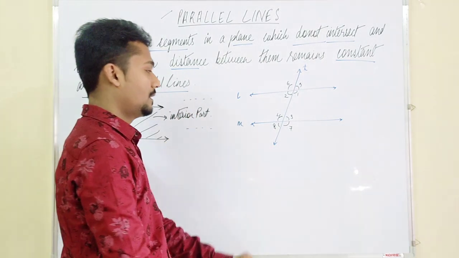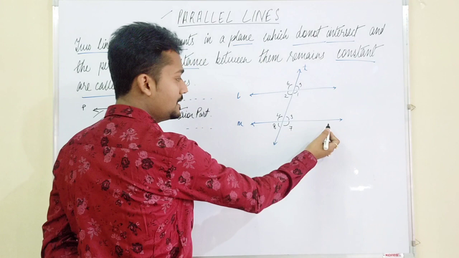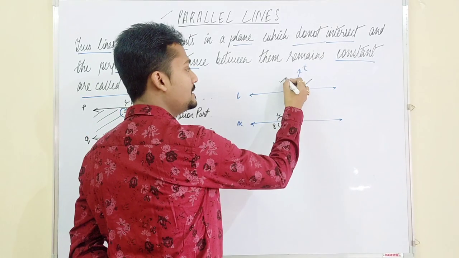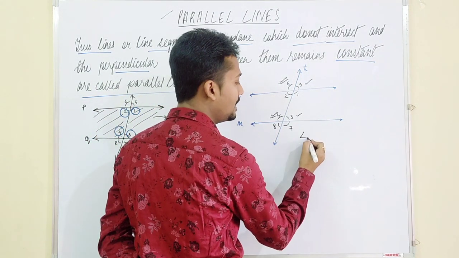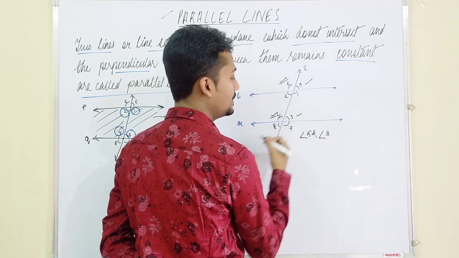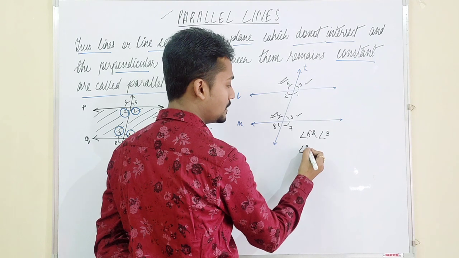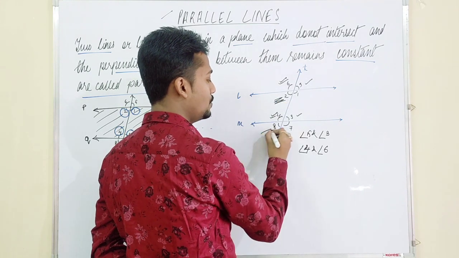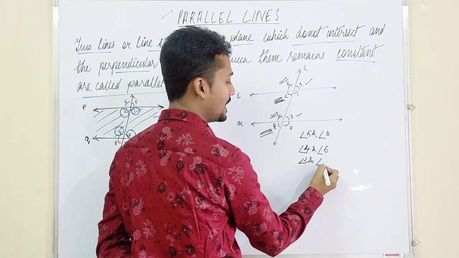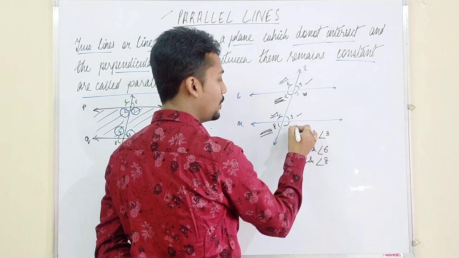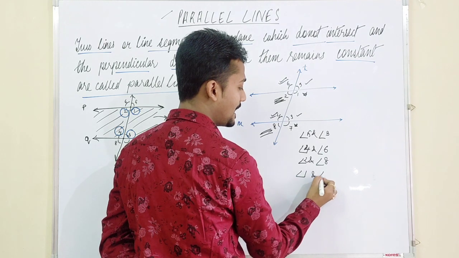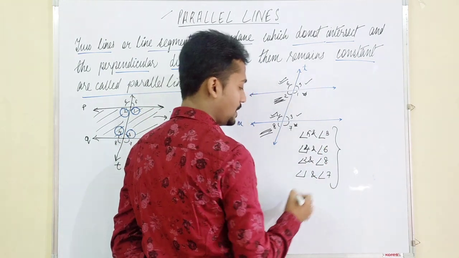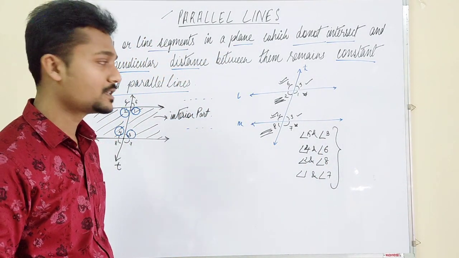Now, if two parallel lines are cut by a transversal, then this angle and this angle, that means angle 5 and angle 3, angle 4 and angle 6, angle 2 and angle 8, angle 1 and angle 7 will be known as corresponding angles.